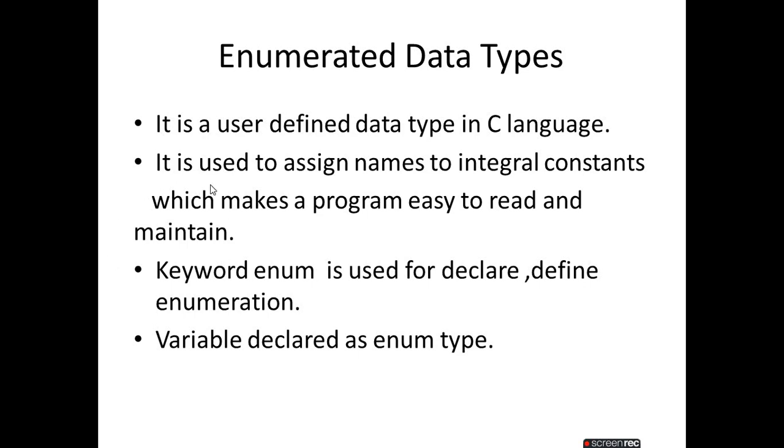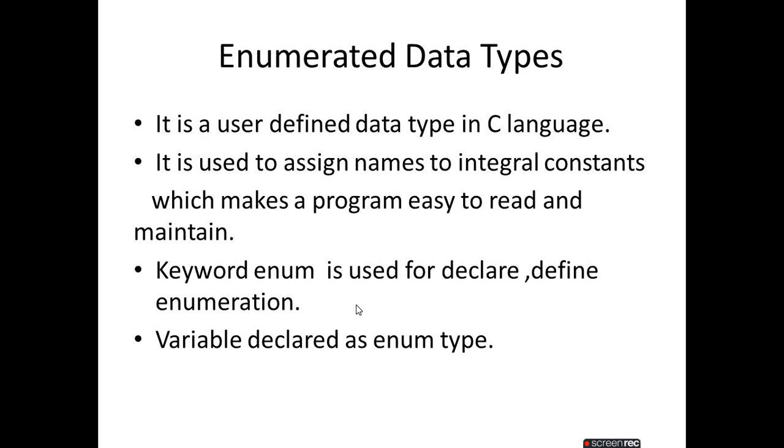Now, the keyword for enum: the keyword we use to declare an enumeration is enum. It is used for declaring as well as defining, both cases we use this enum keyword.